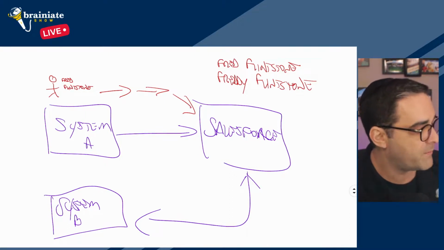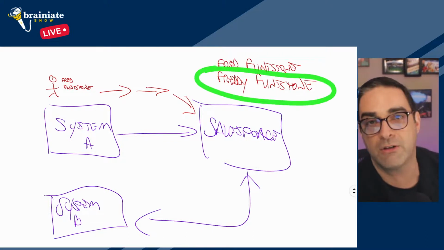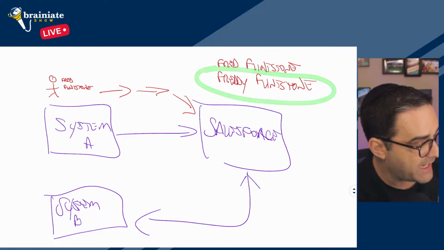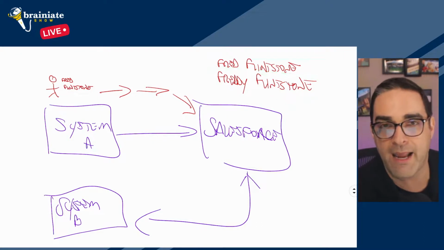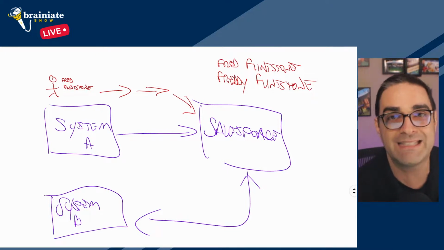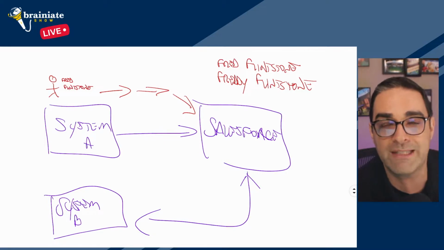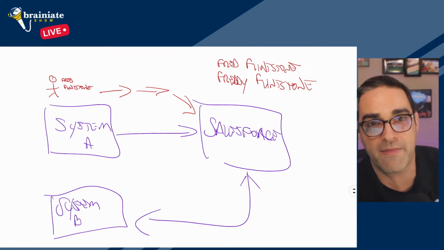Now, at the same time, someone might say, you know, I looked at this record of Freddie Flintstone, and today he has no mailing address. He has no other details associated with him. But when I logged in yesterday, he did have a mailing address, and I don't know who did anything. Nobody else is working on that record.